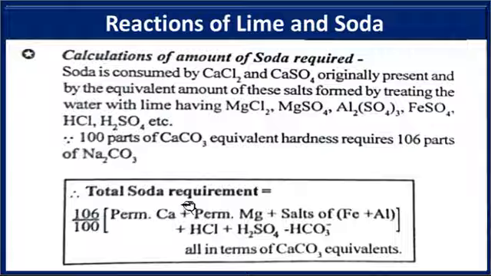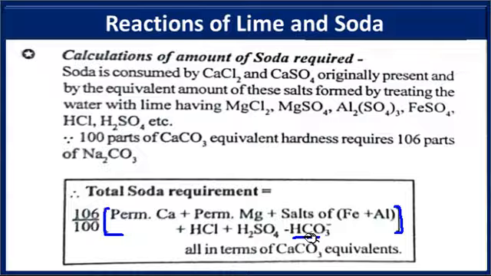So total soda requirement is equal to 106 divided by 100 times the bracket: all these salts which use soda for complete removal, in terms of calcium carbonate equivalent. What are all these salts? Permanent calcium hardness, permanent magnesium hardness, iron and aluminium salts, HCl, H2SO4, and minus bicarbonate. Minus bicarbonate, why here?